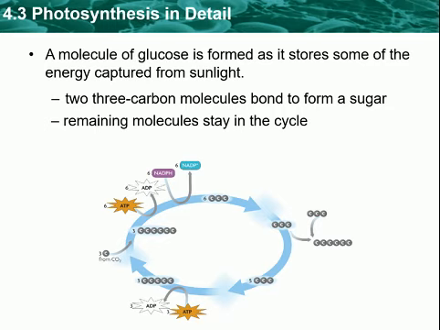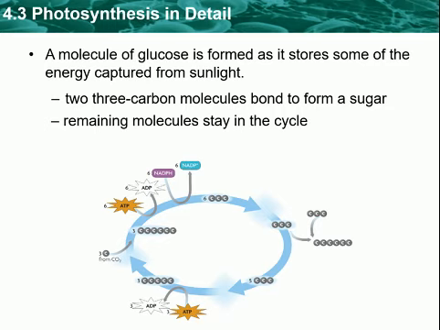So, as a summary of the light-independent reactions, carbon dioxide enters the Calvin cycle. Then ATP and NADPH from the light-dependent reactions transfer energy to the Calvin cycle and keep the cycle going. Then one high-energy 3-carbon molecule is made for every 3 molecules of carbon dioxide that enter the cycle.